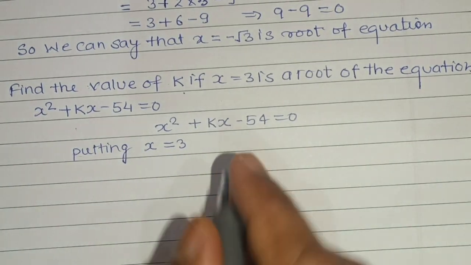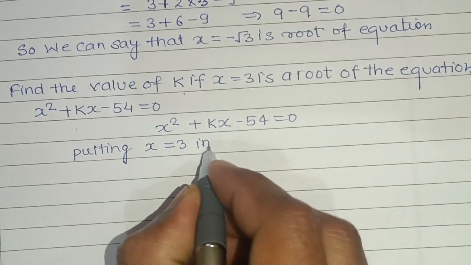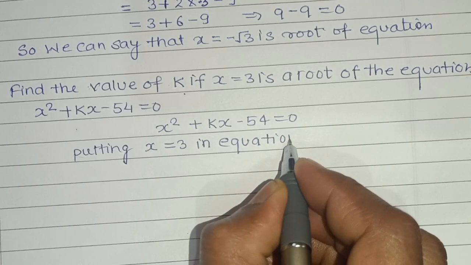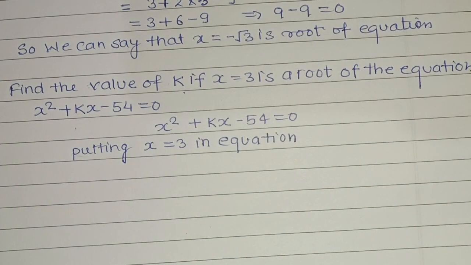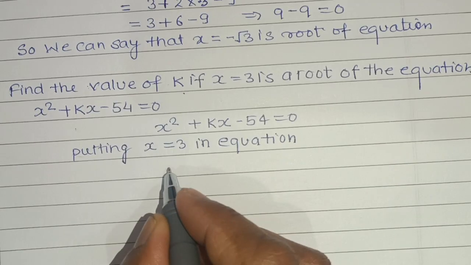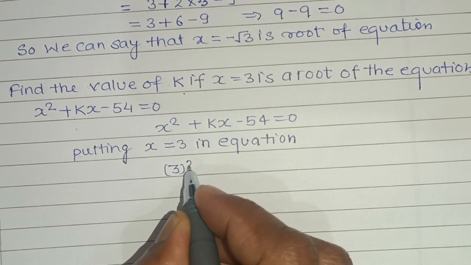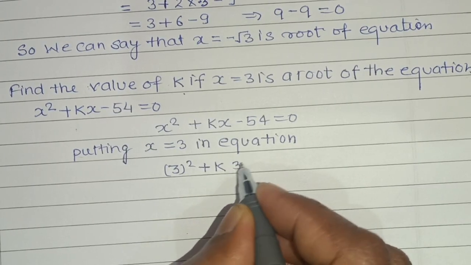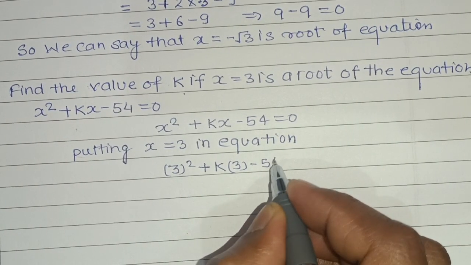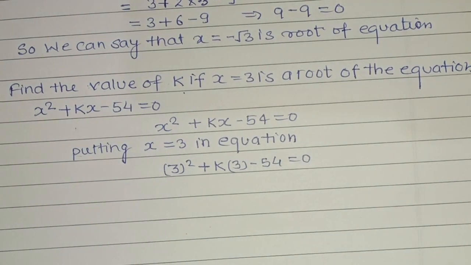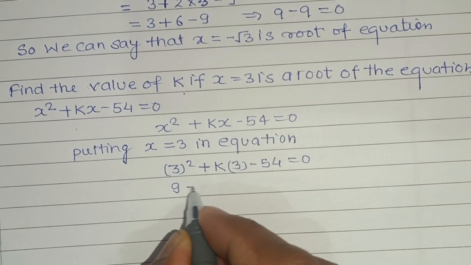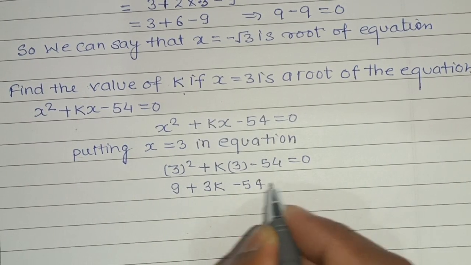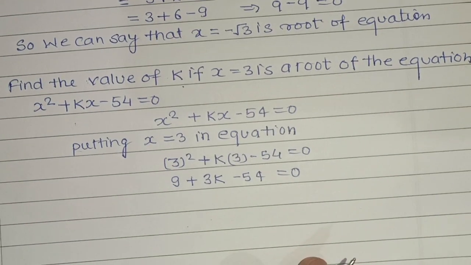Putting x equal to 3 in equation, so what we will get? We will get 3 square plus k into 3 minus 54 is equal to 0. So that is 9 plus 3k minus 54 is equal to 0.